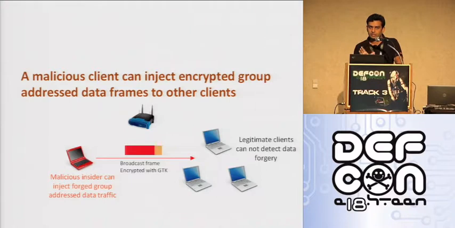So in order to successfully deliver that packet, this insider is going to spoof the MAC address of the access point. Once the attacker sets the MAC address of the access point as the sender of that packet, all clients in that network associated with the same access point are going to receive that packet and decrypt it successfully.